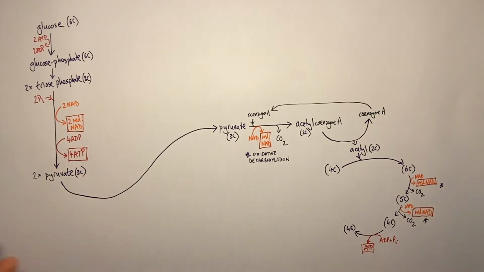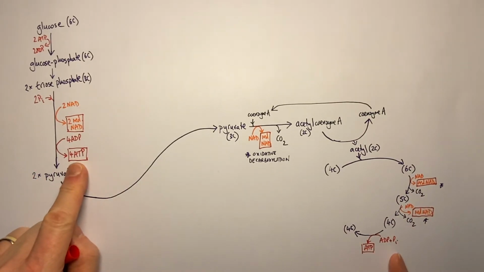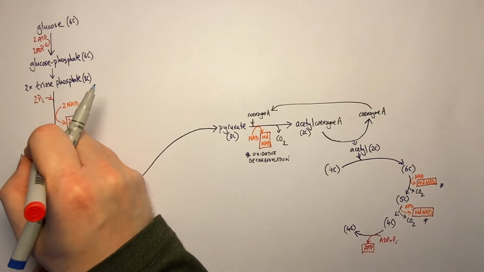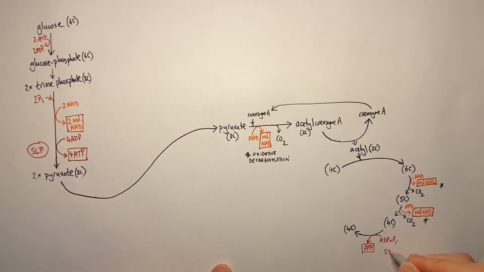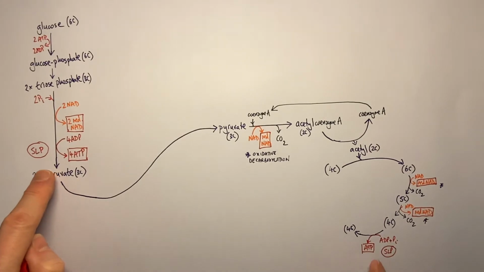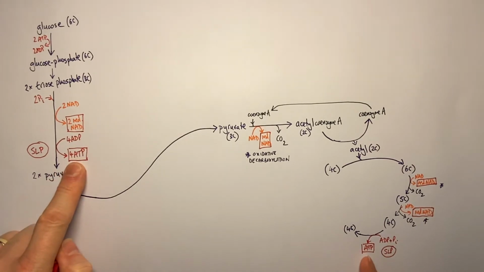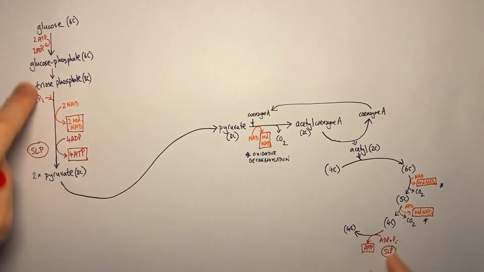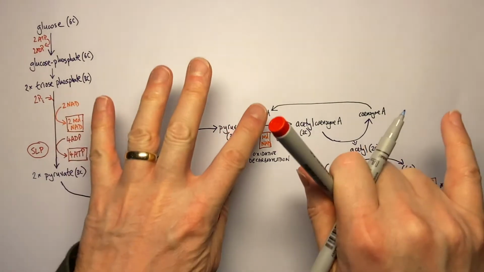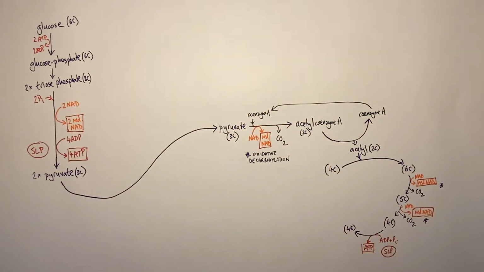This, like here, is another example of substrate level phosphorylation. All that means is ATP is being formed. So ADP is being phosphorylated here at the substrate of the enzymes that are involved in these reactions, and not at oxidative phosphorylation.